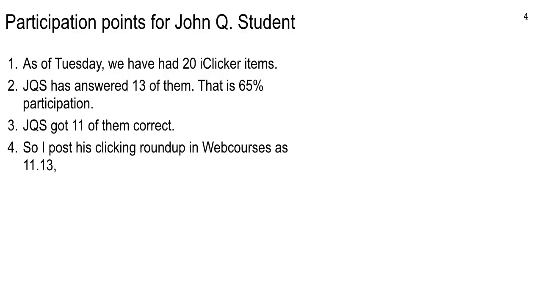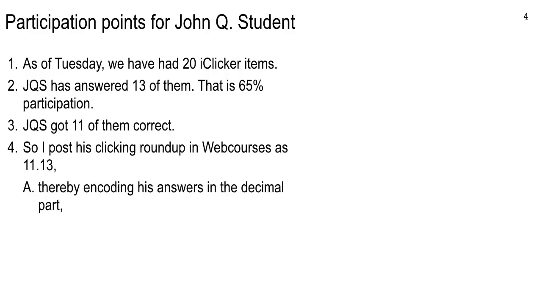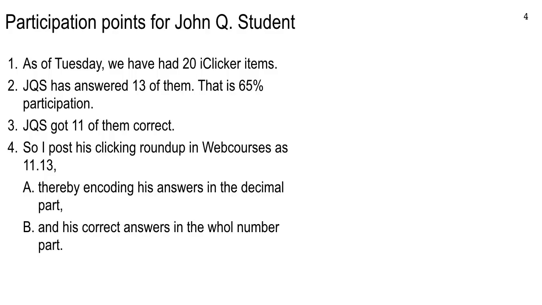The whole number part encodes his answers that are correct. The decimal part encodes how many he answered. So he answered 13, so his roundup number is something point 13. 11 of them were correct, so his roundup number is 11.13. Now the problem with that is, with web courses, if you've answered all 20 questions, your decimal part will be 0.20.